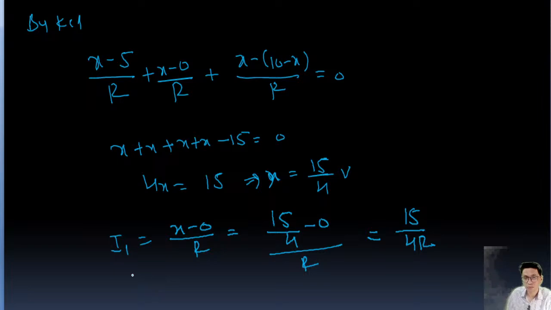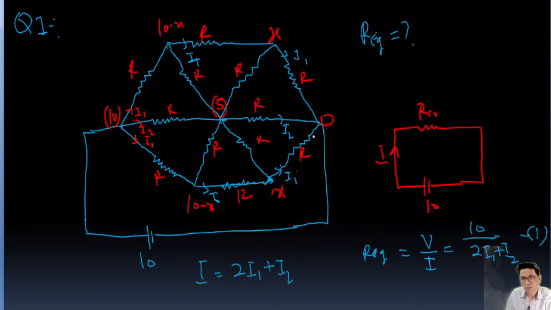Similarly we'll find I2. I2 is 5 minus 0 upon R, that is 5 upon R. Now we have got I1 and I2.